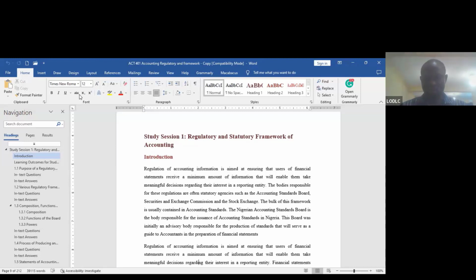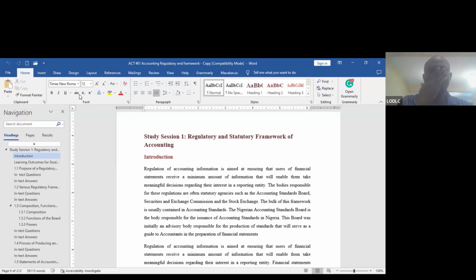Then we have the notes to the accounts. Every other relevant information that is not monetary in value, they can specify in the explanatory notes, so that once the user sees this kind of notes, they'll be able to make an informed decision.